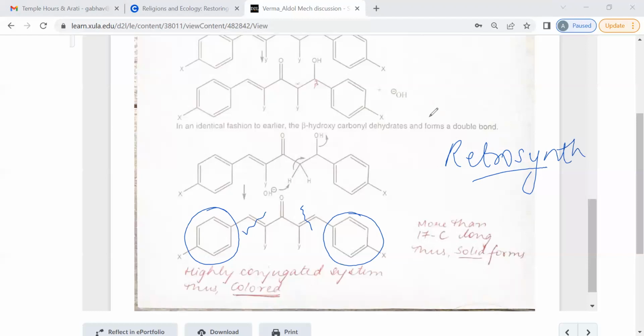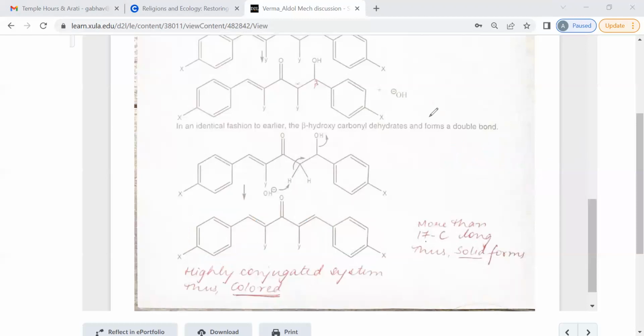But I want you to pay attention that this is your original ketone on which we have substituted our two aldehydes. Because we will get more than a 10 carbon long chain, we are going to get a material which will be insoluble in water.